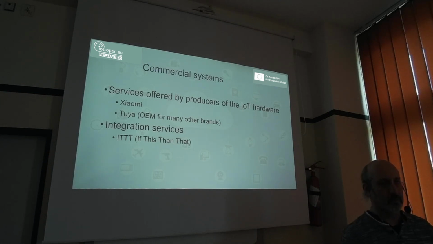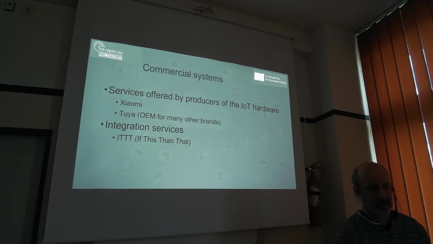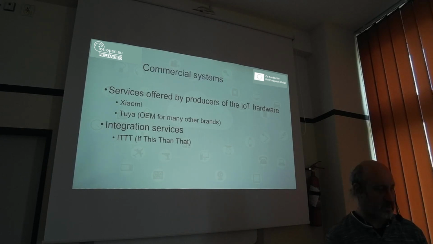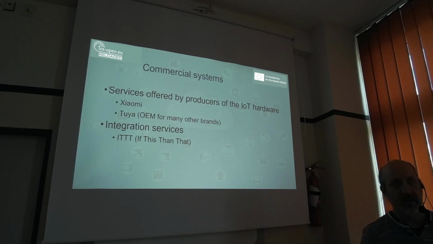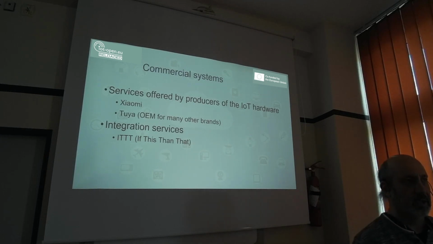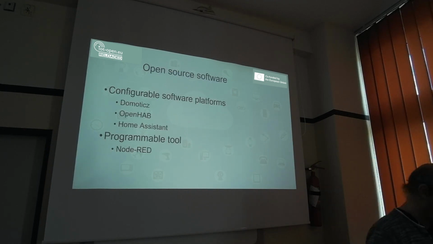You need to make some integration. And we have some integration services. One example is IFTTT. So, if this, then that. You can here create your own rules for how to make the automation, how to make the connection between different elements of your home automation IoT system.